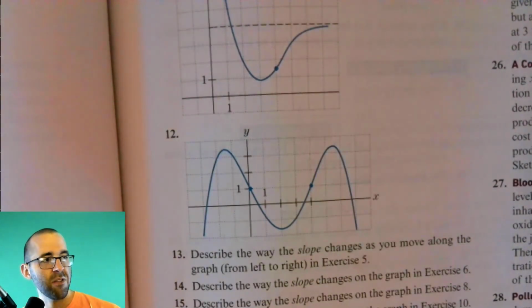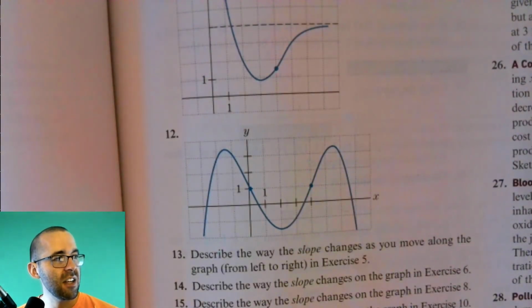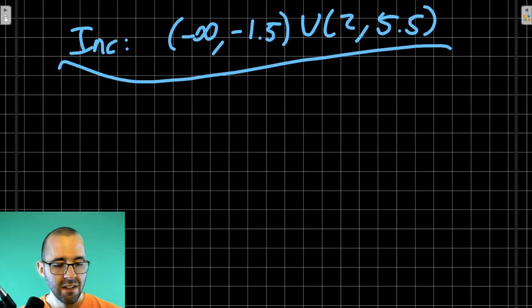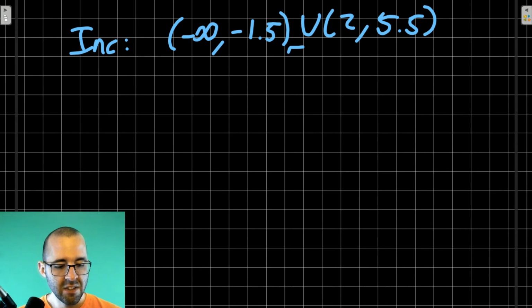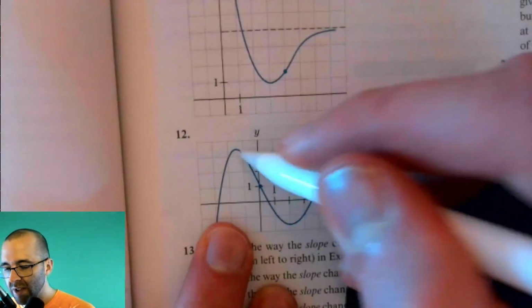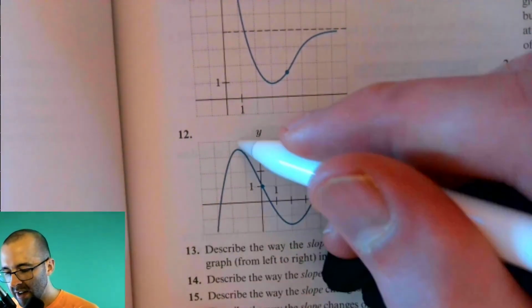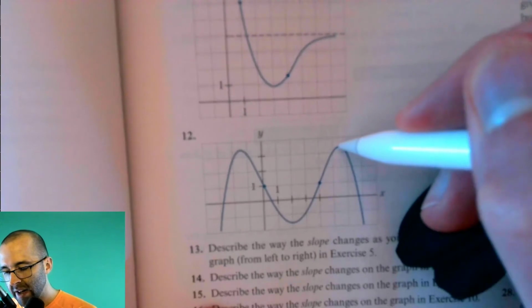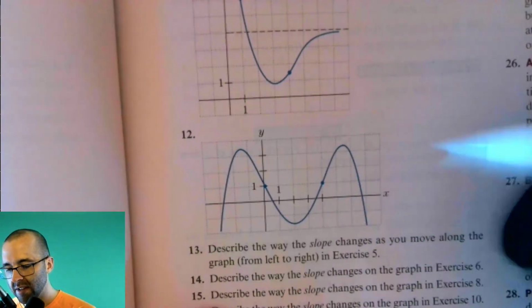So for this one, you'd have it increasing on 2 different intervals. Your increasing would look kind of like this. Make sure to use that union sign in the middle, which looks like a big U. And then it'd be decreasing on the other parts, from when x is this to x being this, and when x is this, off to infinity.